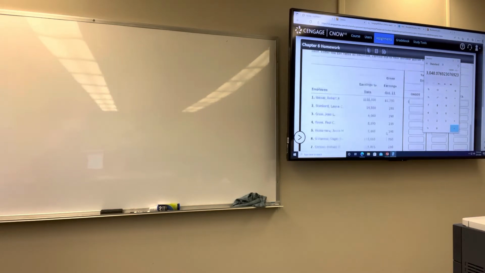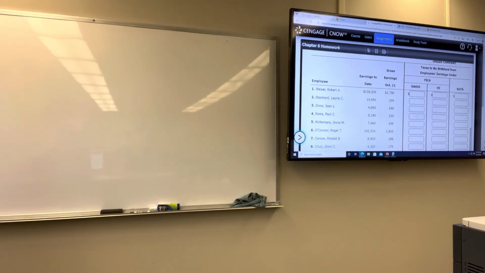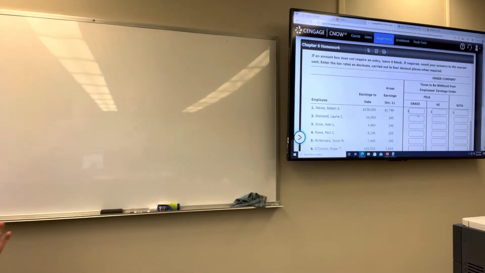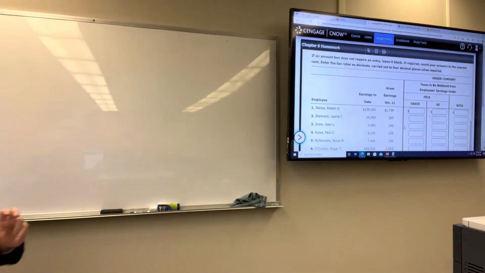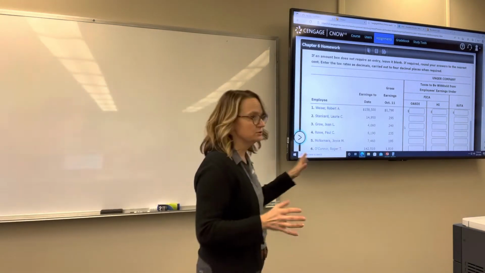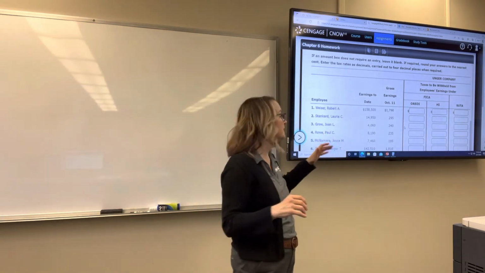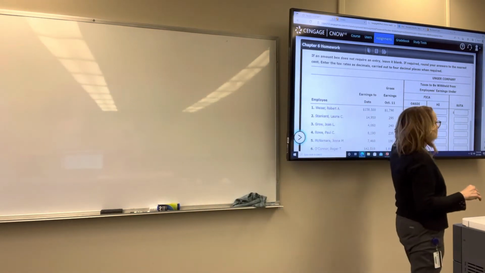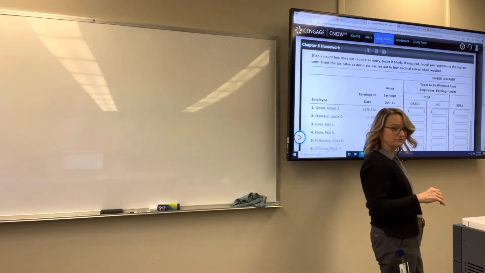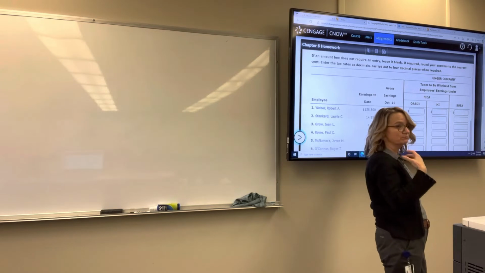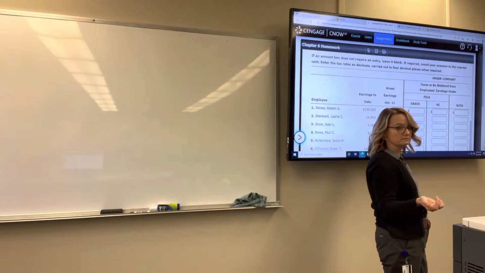Oh, that's earnings to date. I'm sorry, I thought that was the full earnings for the year. I read that wrong. So, earnings to date. Okay, so we know that for Robert Weisner, he has already reached the 142.8 threshold. So there won't be any Social Security taxes taken out of these wages for this period, on either the employer or the employee side.